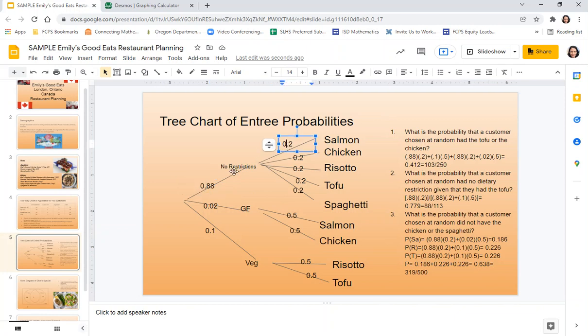That will give me the probability that a person with no restrictions had salmon. And I need to multiply the 0.02 times the 0.5. That will give me the probability that a gluten-free customer had salmon. And then I'm going to add together the ways that you could have salmon as your entree. So I'm going to do that right now in Desmos.